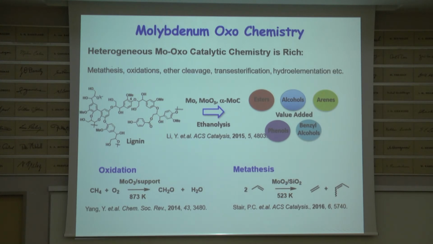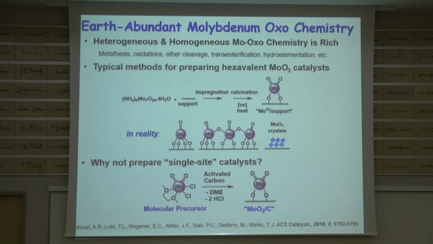A lot of these are as black-boxy as where the zirconium chemistry started 20 years ago. The typical way these catalysts are made is called wet impregnation, which means you take this molybdenum compound, dissolve it in water, stir it with some support, and heat the hell out of it.